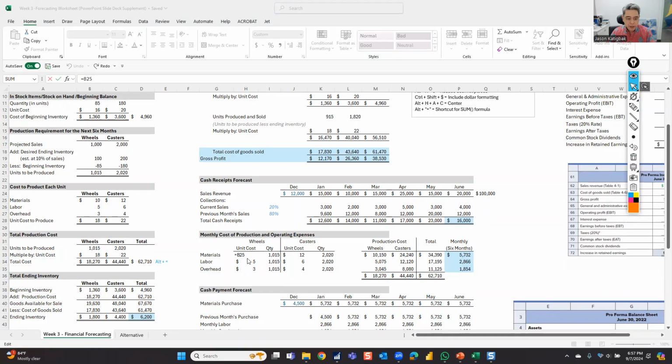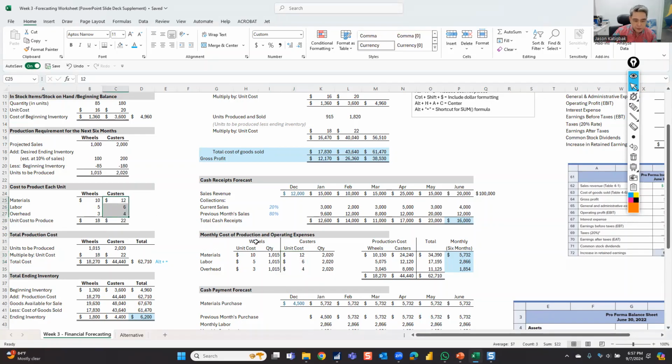Let me escape from that one. 10, 5, and then 3. You can see it's actually through here, right? And then we're just basically linking it out. Casters, 12, 6, and 4, materials, labor, and overhead. I'm highlighting it here also. It's linked. I'm going to press F2, and you can see that.